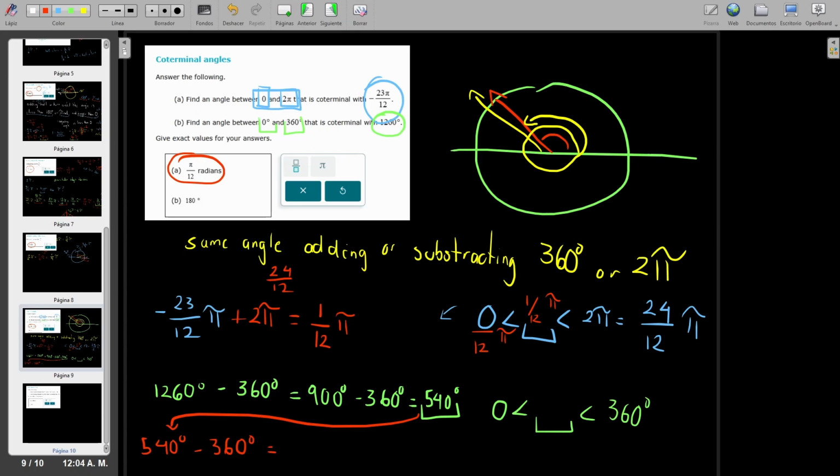This is how much? 180 degrees. Is this number bigger or smaller than 360? It stays within the range. So this is our number because it is smaller than 360 degrees and bigger than 0, right? So this one, solve B.